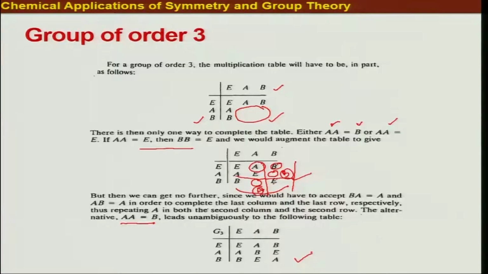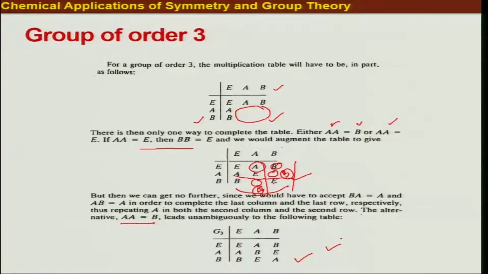Suppose you choose this condition AA equals B, write it up, and then keep filling the blanks that are there, and you will end up with this particular multiplication table. Here, you will see no two rows or no two columns are identical, and in a single column or single row, no two elements are repeated. So this exactly follows the notion of a group multiplication table.